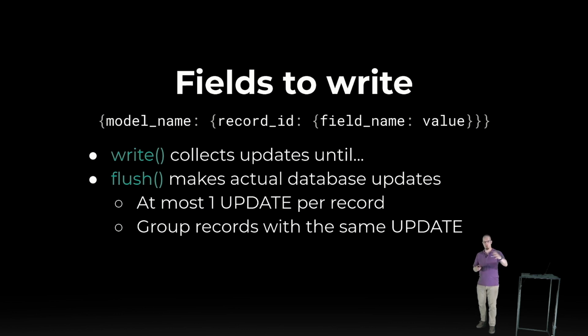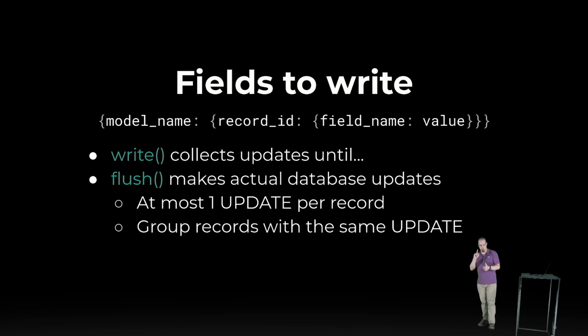And there's another operation that takes that data structure, puts all the information together, and will actually group everything first by record, so that if you have updates, you'll have at most one update per record.